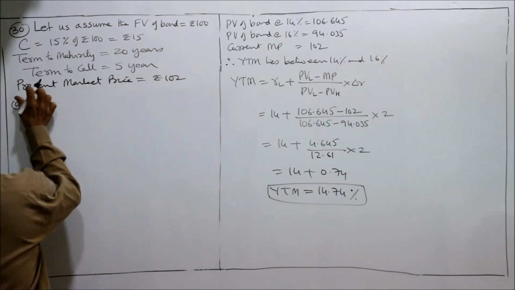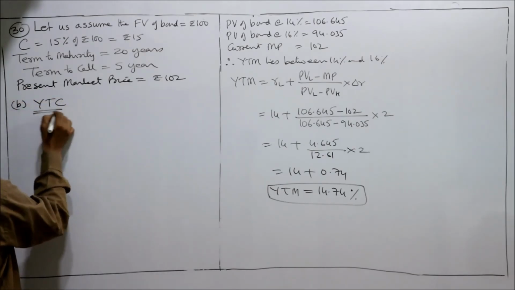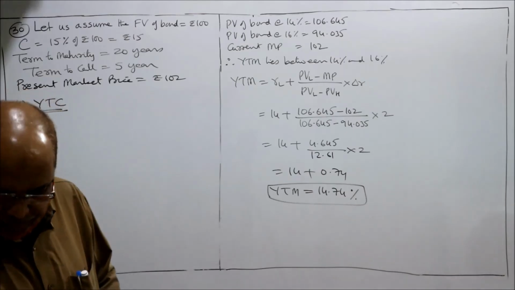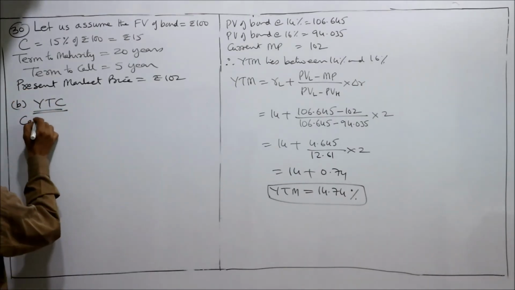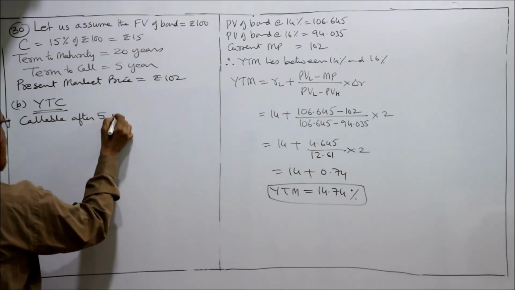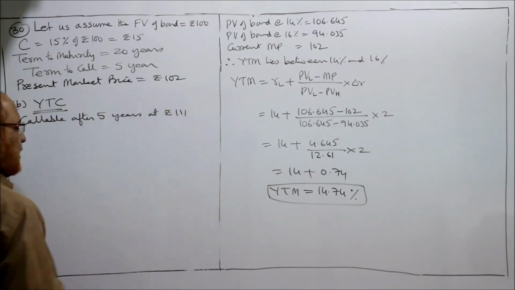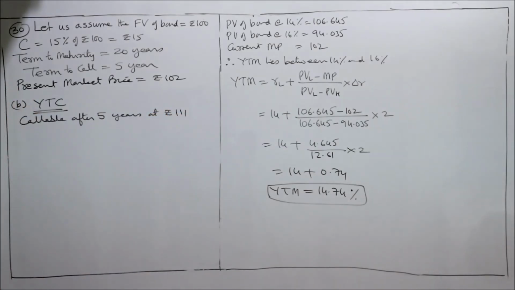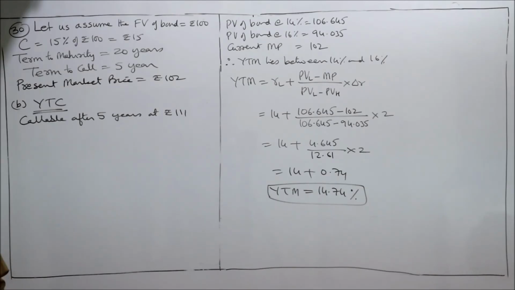Now we calculate point B, YTC, yield to call. Callable after 5 years at rupees 111. In the problem it is given, the bond is callable after 5 years at a redemption price of 111. Right?